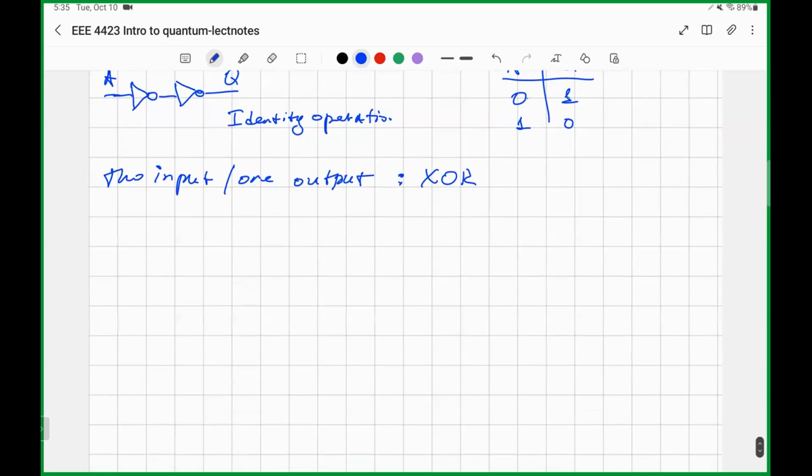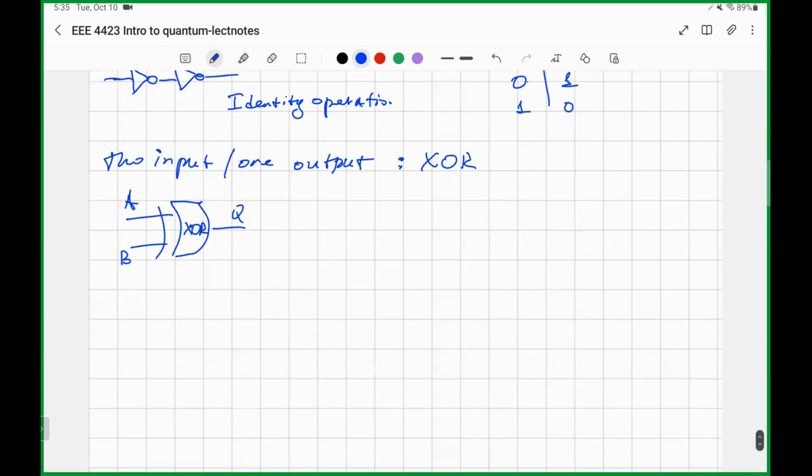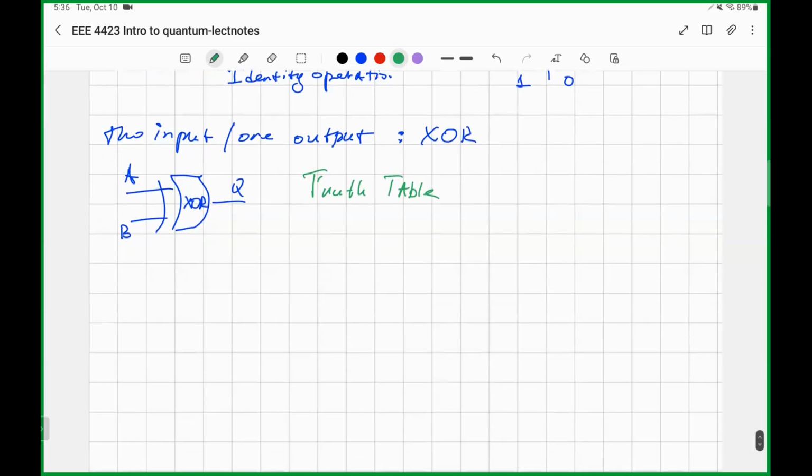The XOR gate is denoted like this. It gets two inputs, A and B, and the output Q. The truth table is given by the following.